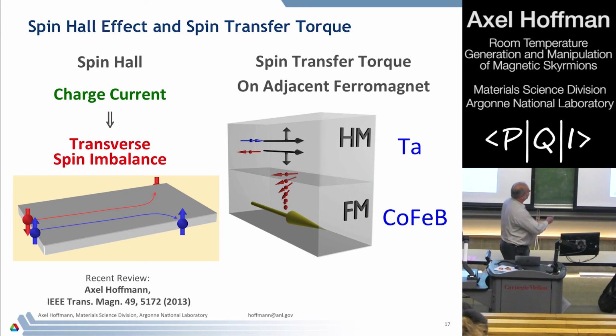And this is known then as spin transfer torque. The spin transfer torque is most efficient if the direction of the spins is perpendicular to the magnetization, because that's how it puts a lot of torque on it. And since the spin direction is perpendicular to the current direction, this means that this effect is most efficient when the current is along the direction of the magnetization in these materials.